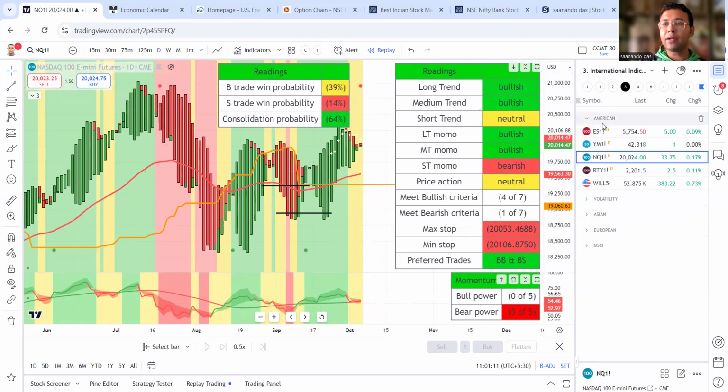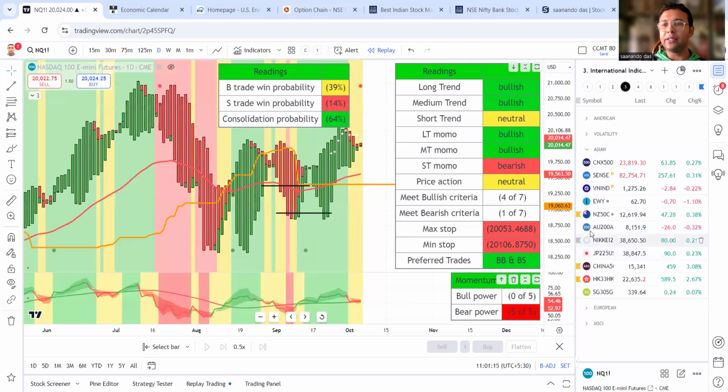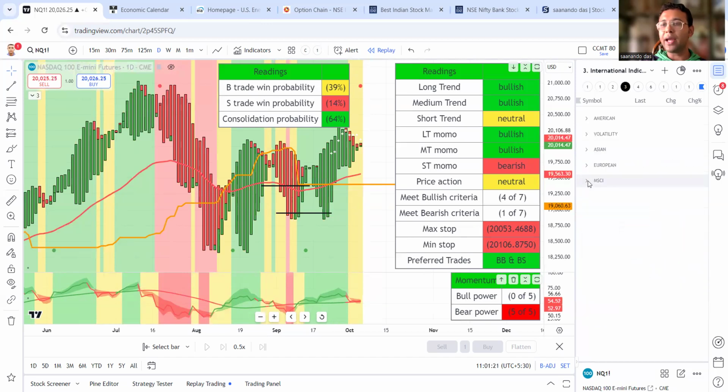So everywhere I'm seeing, except for Asia, New Zealand and China, except for these three and the overall emerging market, global indices are not looking healthy. There will always be times when some stocks go up.